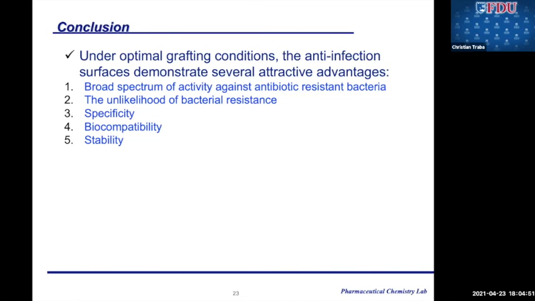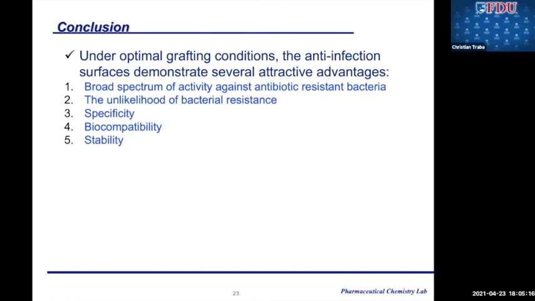Under our optimal grafting conditions, the surfaces constructed in this study were capable of effectively inhibiting both gram-positive and gram-negative biofilm forming bacteria. The surfaces also demonstrated excellent specificity, targeting infectious organisms efficiently and effectively.